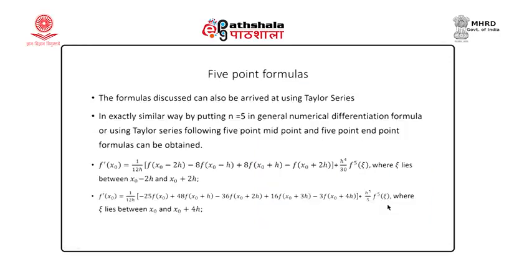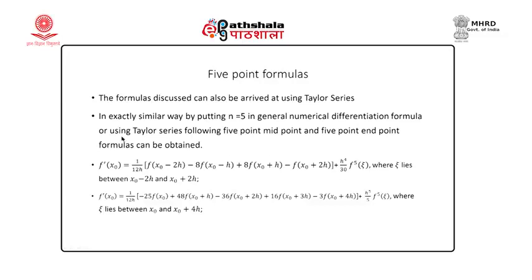So now, similarly, as we have derived the 3-point formula, these 3-point formulas can also be derived using Taylor series, and otherwise also. And similarly, we can also derive 5-point formulas using either Taylor series or Lagrange's interpolating polynomial.